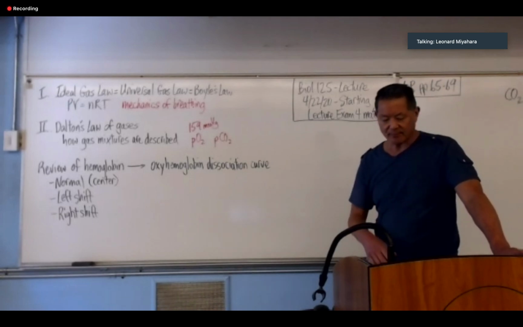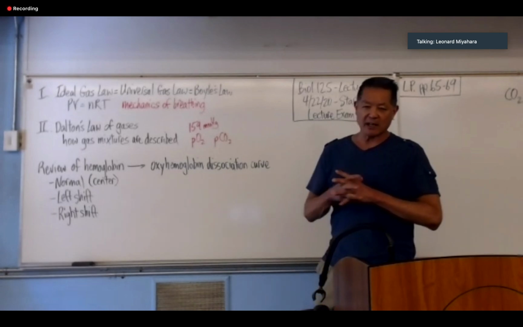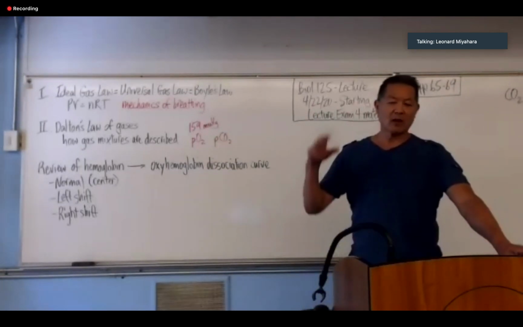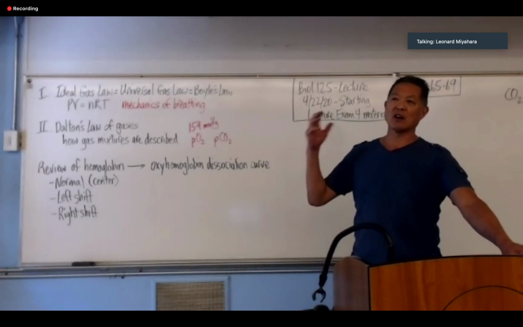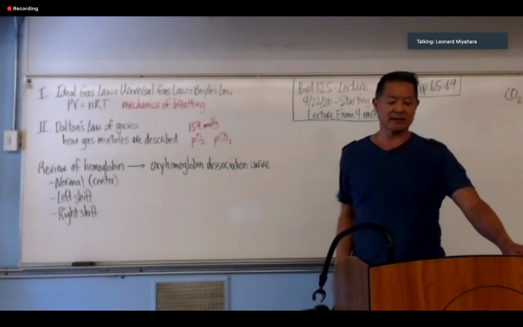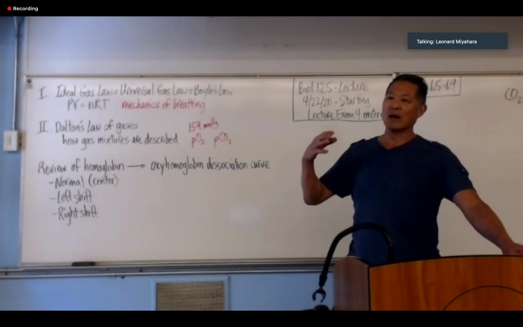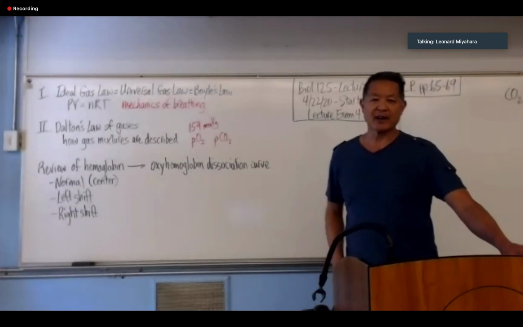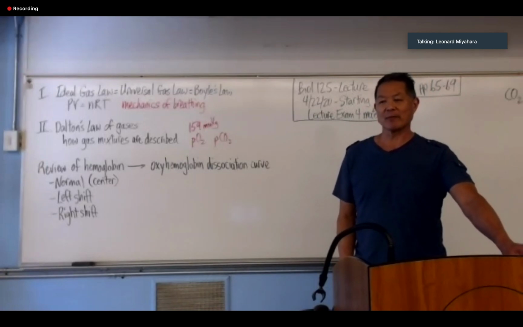Okay. Now, we got to get used to a couple of terms here. When oxygen binds to the iron, that is called oxygen loading or association. When it falls off the iron, that's called unloading or dissociation.